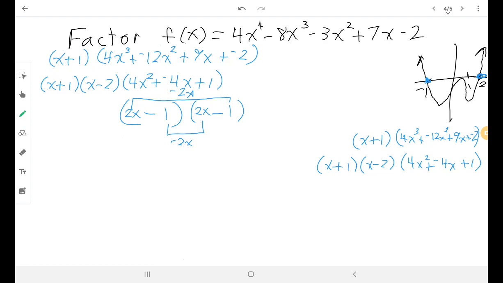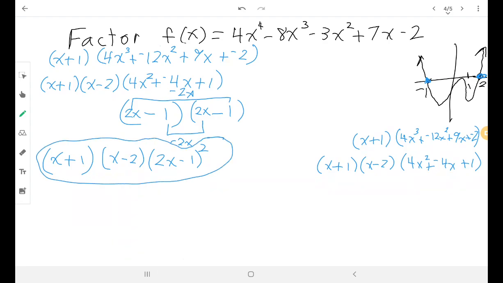And so what we can now see is that the factors are x plus 1, x minus 2, times 2x minus 1 times 2x minus 1 again, which I can call 2x minus 1 squared. So this is the fully factored form of that.